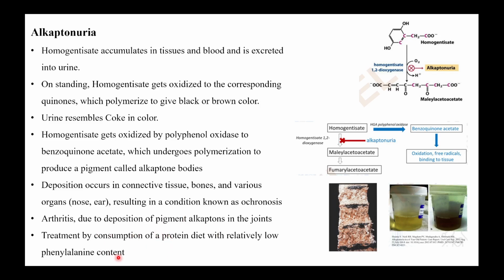So a small amount is required. That's why it's mentioned relatively low phenylalanine content. It's not written that you have to remove phenylalanine. You have to restrict the diet. You don't have to remove the phenylalanine or tyrosine. We can never eliminate phenylalanine and tyrosine from our diet because these are essential amino acids. These are not synthesized by our body.